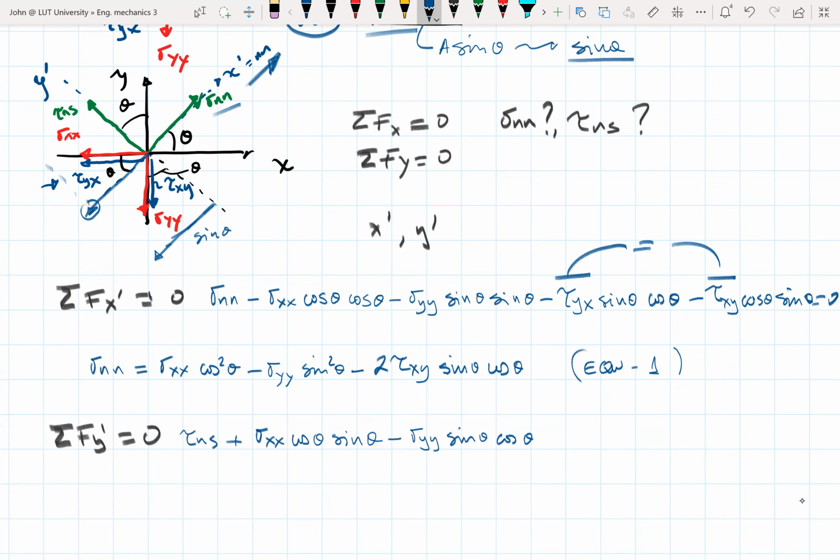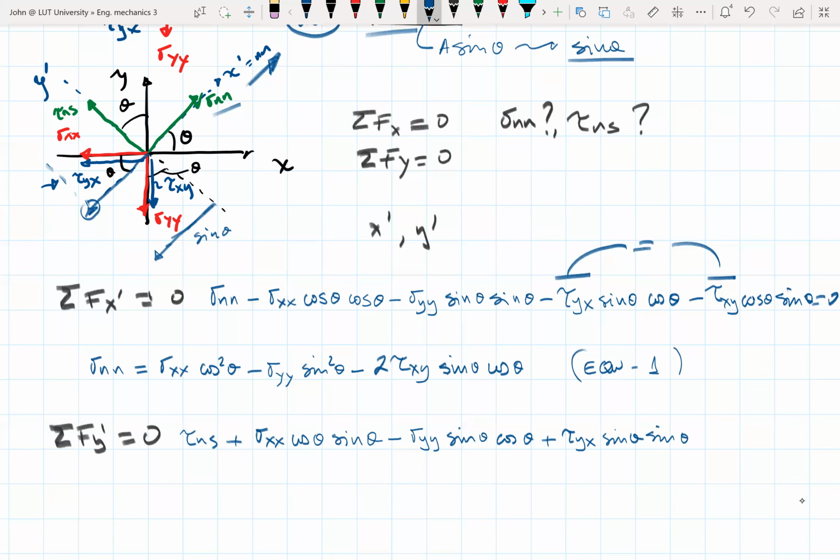Then the shear stresses. The first one would be plus this tau yx, which is applied on a face with area sine of theta. But to rotate it to the y prime axis, I need to multiply it by the sine of theta.